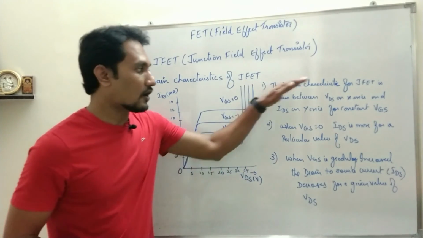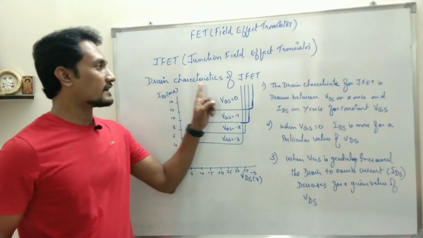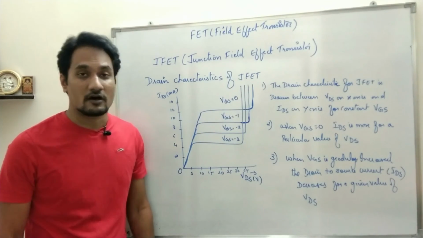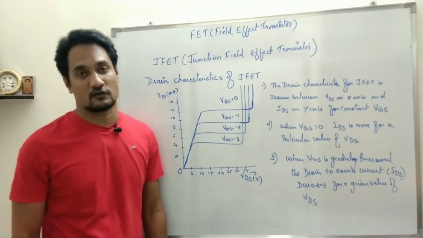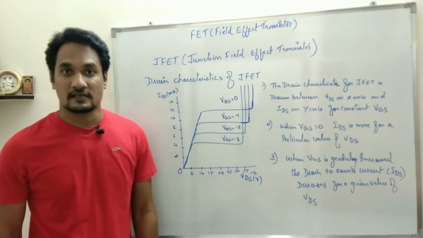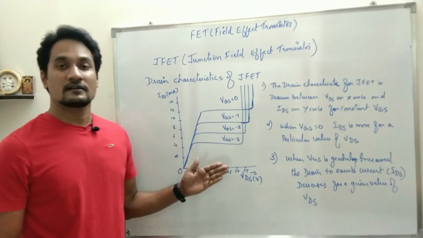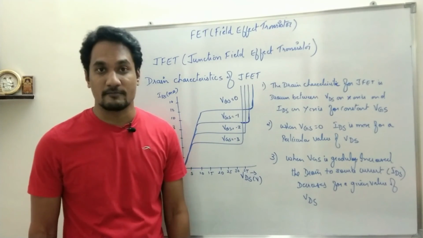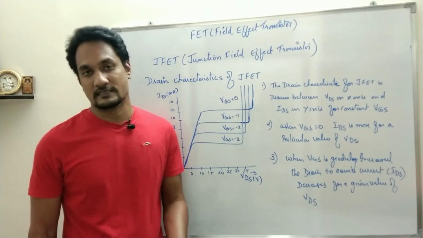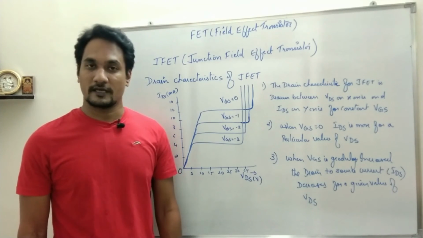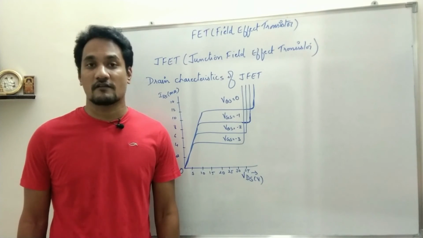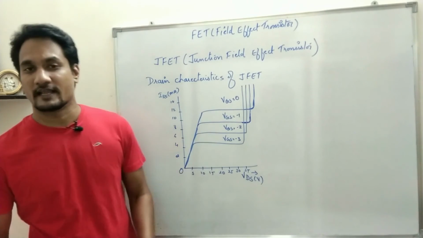So these are the observations of drain characteristics of JFET from the graph drawn between VDS and IDS for a constant value of VGS. Keeping in reference this graph and these observations, we will try to understand a few parameters of JFET which are there in your course. Now let us understand the important parameters of JFET on the basis of the drain characteristics.